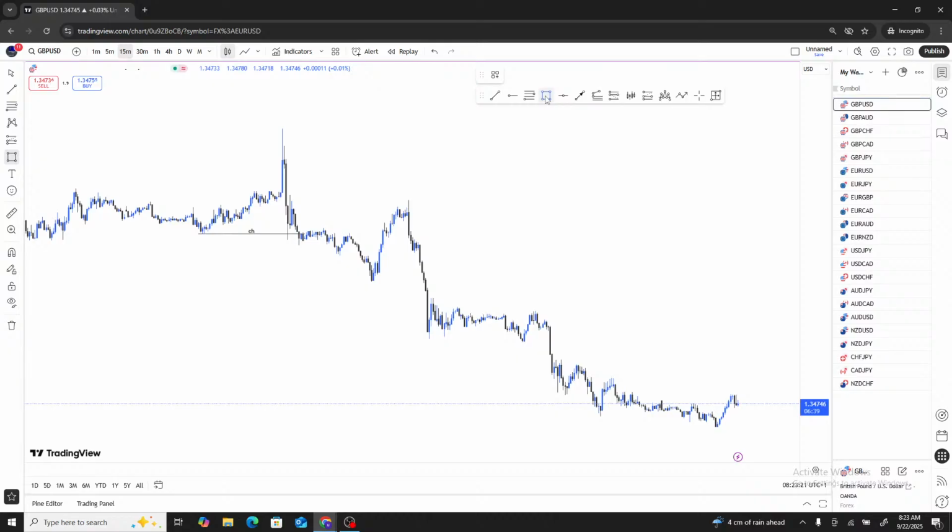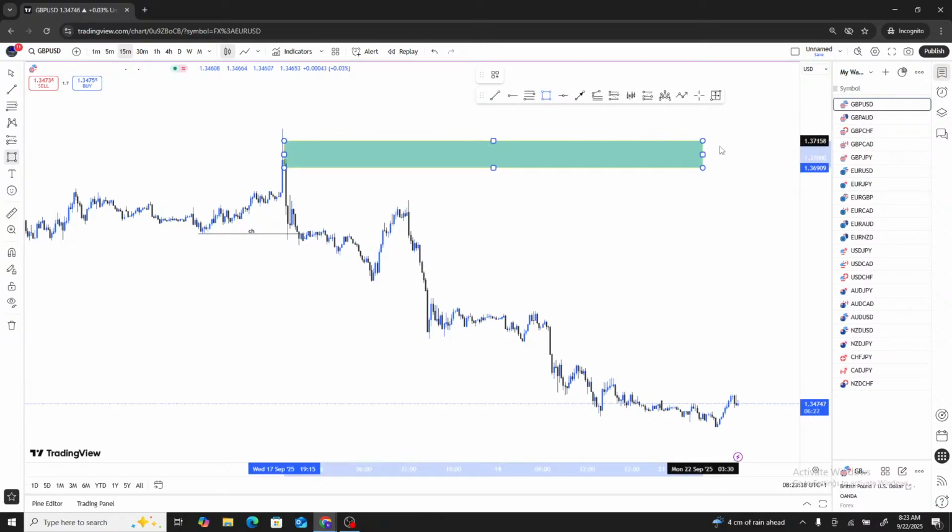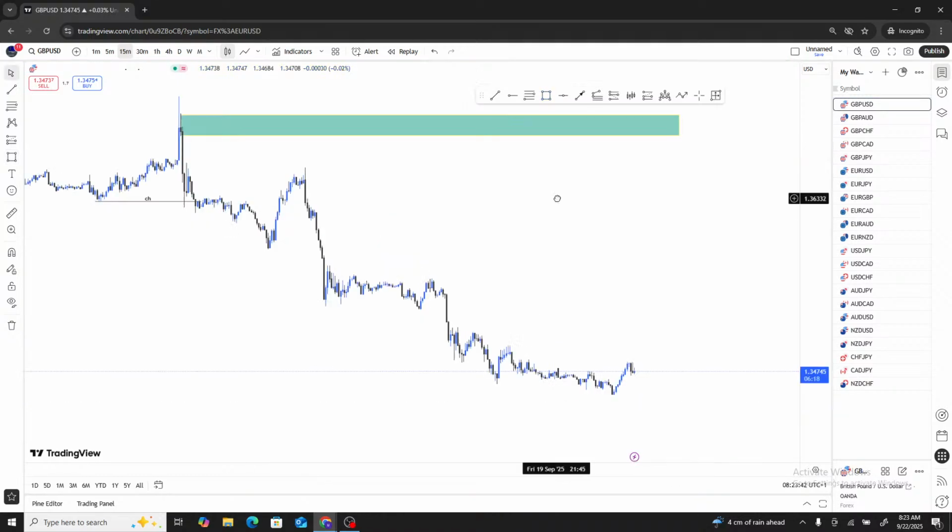And also making sure that every other concept we look forward to is found on that level. So we can see another block from here. This is a clean order block.